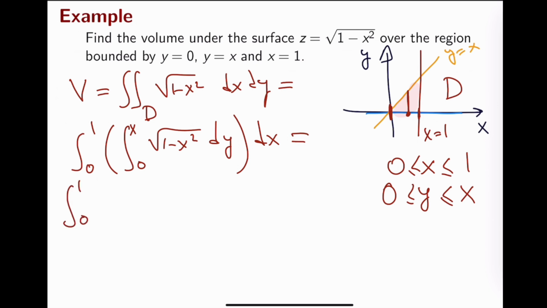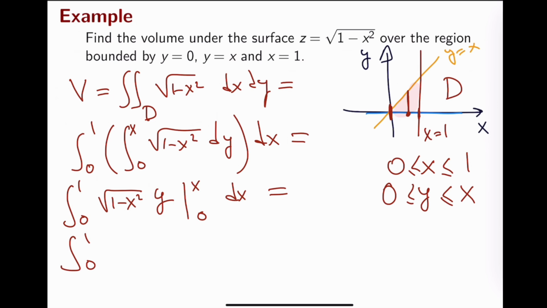And this is the integral between 0 and 1 of, let's calculate the primitive of this. Observe that this function doesn't depend on y, and we are integrating with respect to y. So this is going to be a constant that goes out: root of 1 minus x squared times y. And then we are going to evaluate this between 0 and x. So that will be the integral between 0 and 1, and we evaluate now.